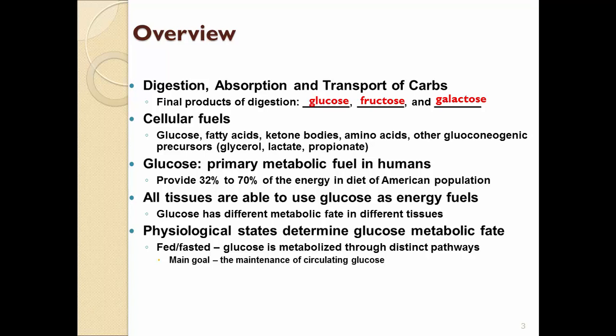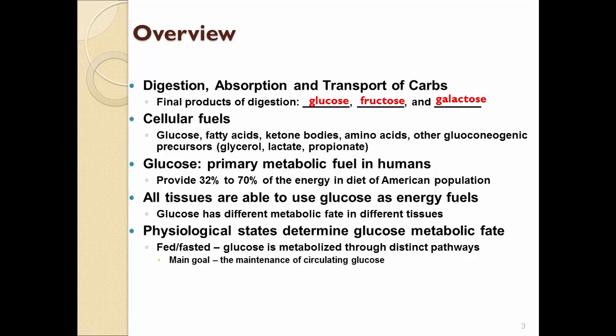So glucose has several different metabolic fates in the different tissues. I already mentioned a little bit, right? Different tissues can metabolize glucose differently and depend on, again, the physiological conditions. And physiological state, again, determines the metabolic fate, right?